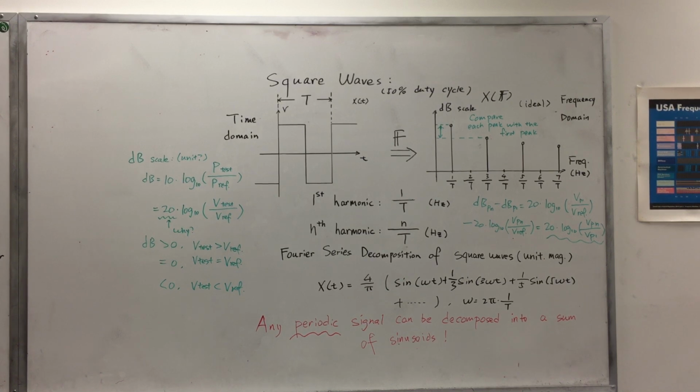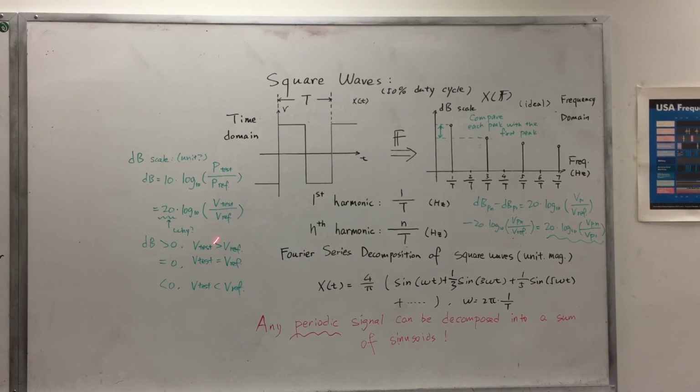Why 20 here? It's because power goes with voltage squared, as suggested in our last video. By the rule of logarithms, when you have a square here, you can bring that square down to a factor of 2. So you have an extra factor of 2 when you're talking about voltage comparisons.